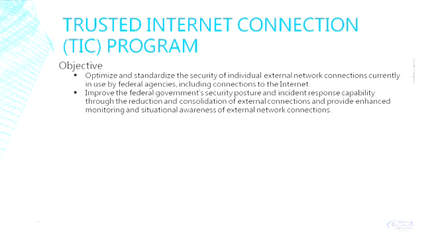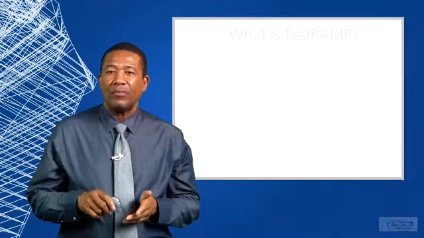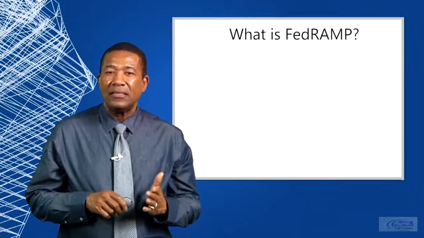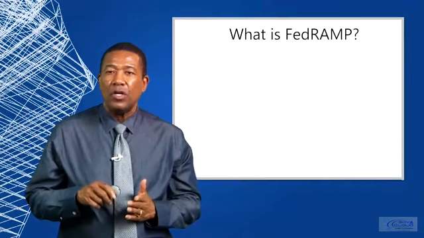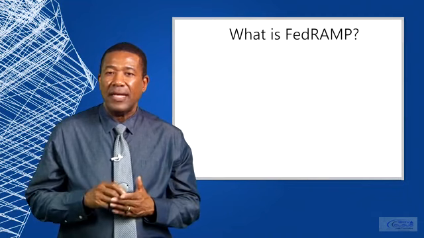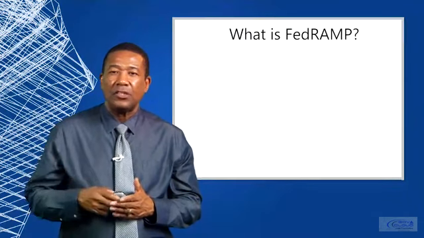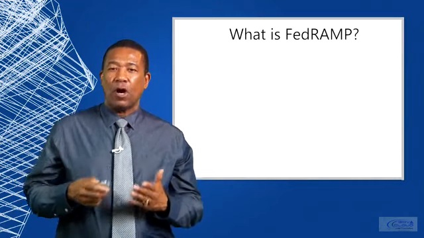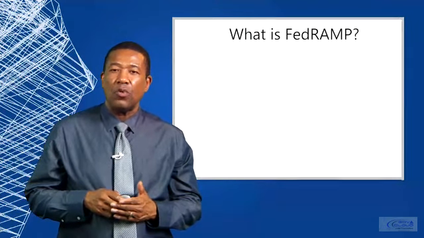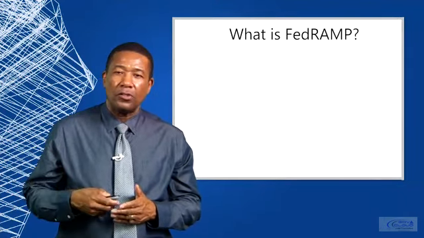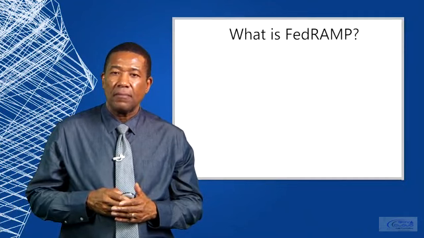This is being done to improve the federal government's security posture and incident response capability through the reduction and consolidation of external connections, and it provides enhanced monitoring and situational awareness of external network connections.